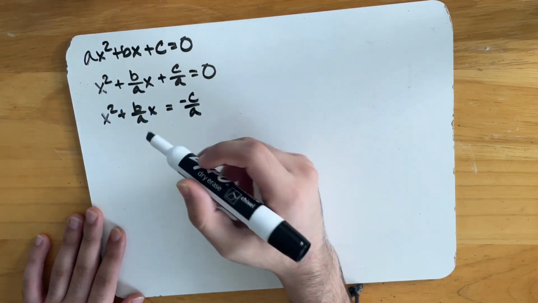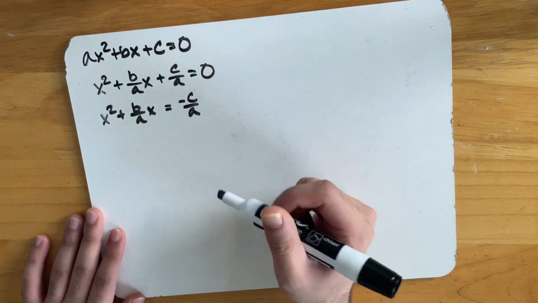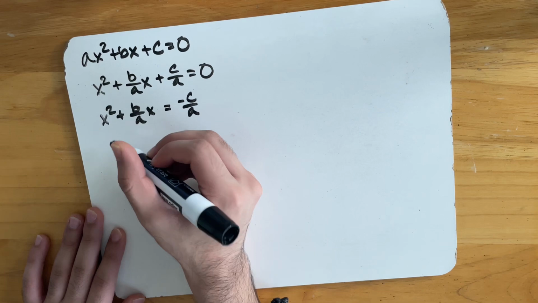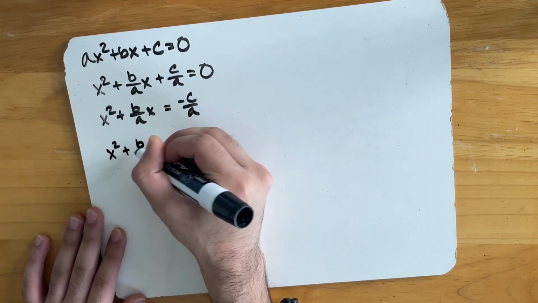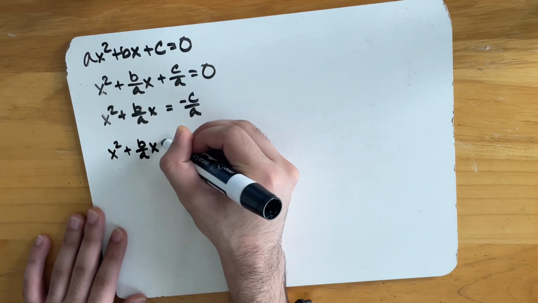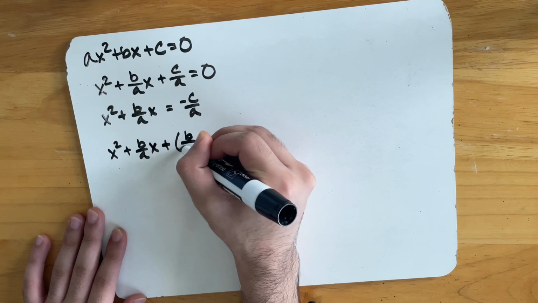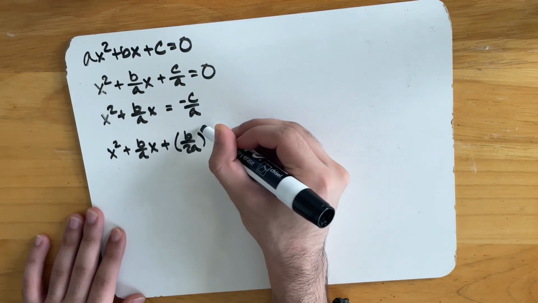And now we're going to add in our magic constant that guarantees the left side to be a perfect square. So we're going to add in our middle term divided by 2, all that squared. So I have my x squared plus b over a x, and now I'm adding in our middle term divided by 2, so b over 2a, because b over a divided by 2 is b over 2a, squared.